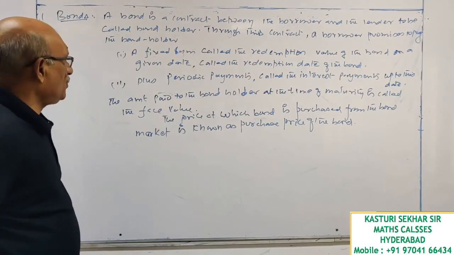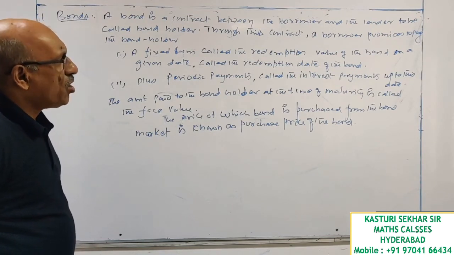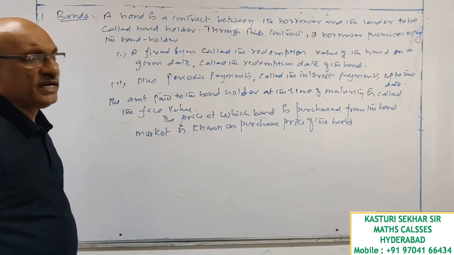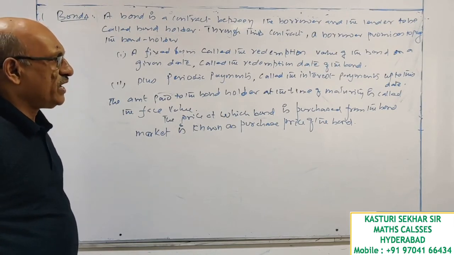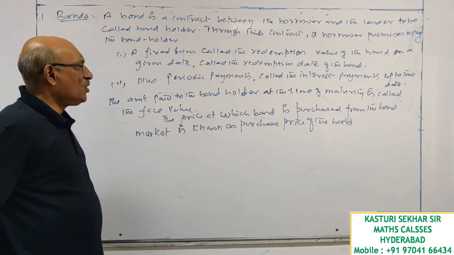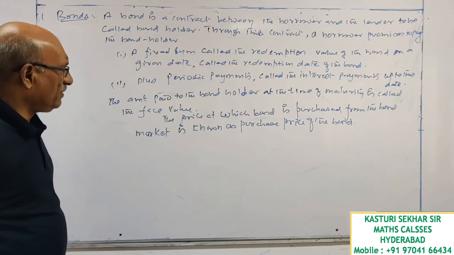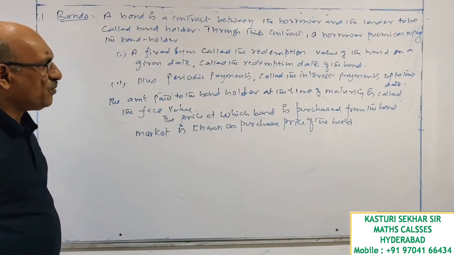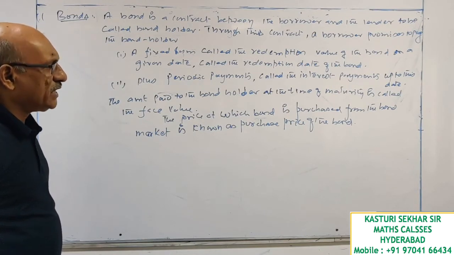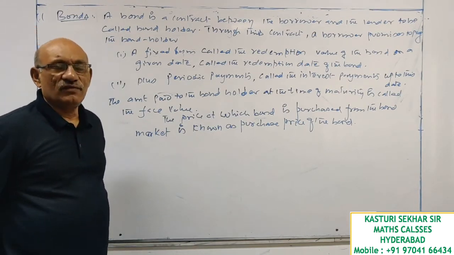In addition to this, periodic payments called interest payments up to this date. These are the two things which we have to calculate. The amount to be paid to the bondholder at the time of maturity is called face value. The price at which bond is purchased from the bond market is known as purchase price of the bond.